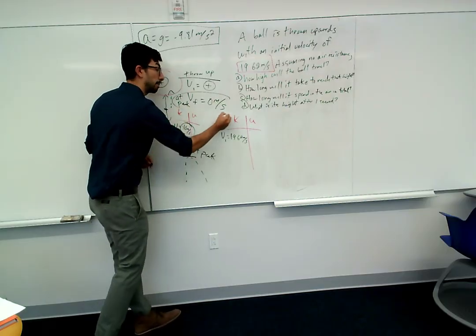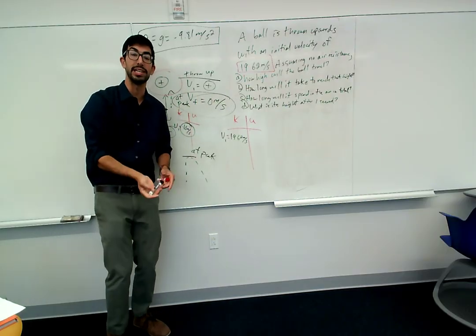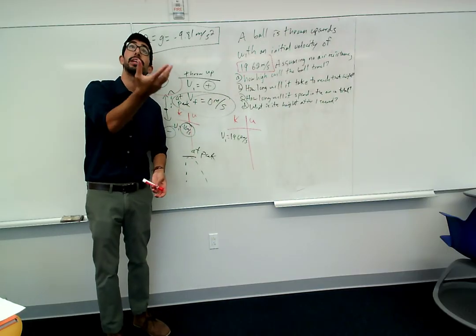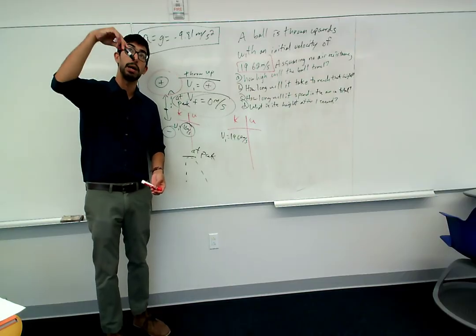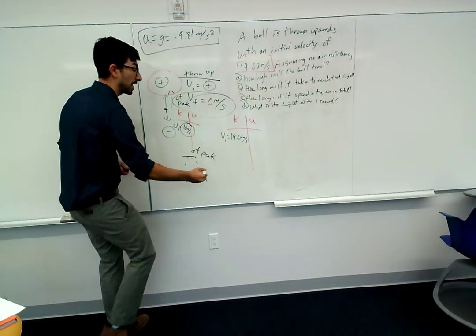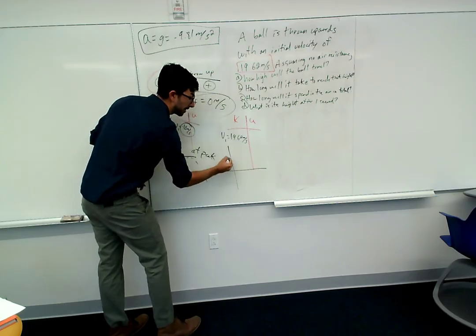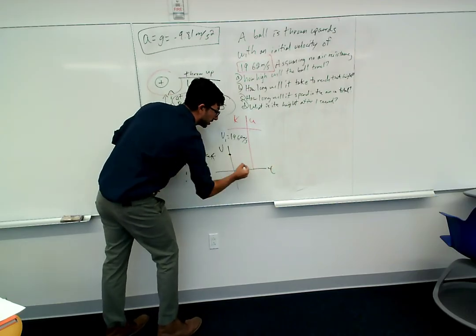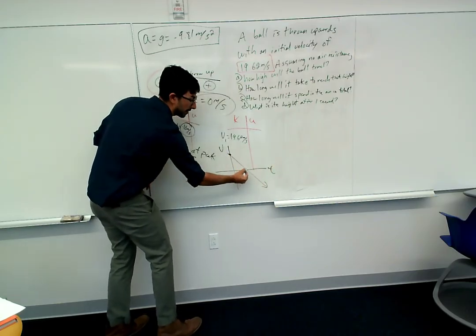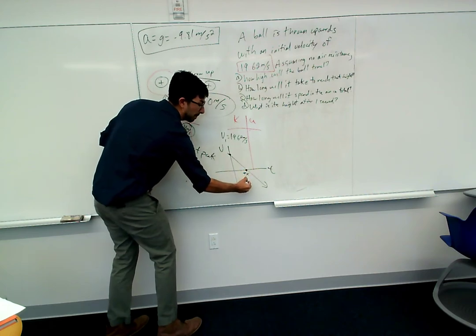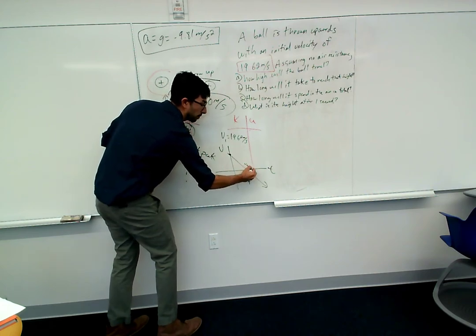This is going to be very important. It kind of stops in the air for an instant before it comes back downwards. The velocity goes from upwards and positive to downwards and negative. And right here, at peak, the velocity is 0 meters per second.